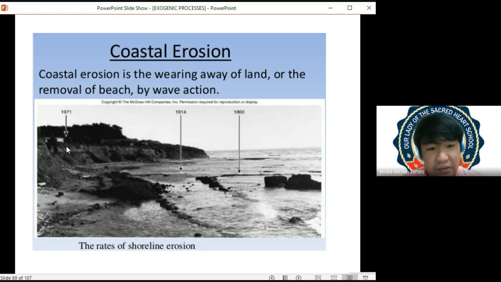By 1971, nandito na yung cliff natin, from here going to here. So technically, nagkaroon ng coastal retreat dito. Nagkaroon tayo ng coastal retreat due to coastal erosion. And this is possible due to the eroding effect ng ating waters or ng waves ng ating bodies of water.